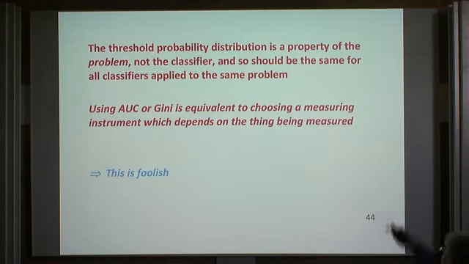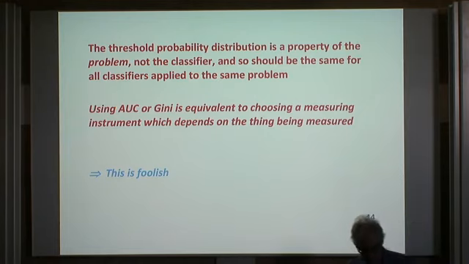The threshold is the property of the problem, not the classifier. It shouldn't depend on the instrument you happen to be using. So I've summarised it here: using area under the curve, or the Gini coefficient, which is a simple linear transformation of the area under the curve and is widely used in other contexts, is equivalent to using a measuring instrument which depends on the thing being measured.